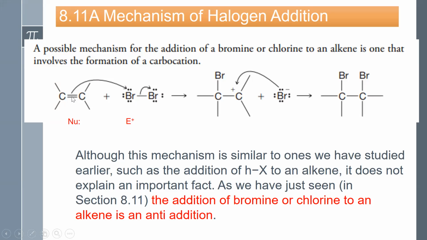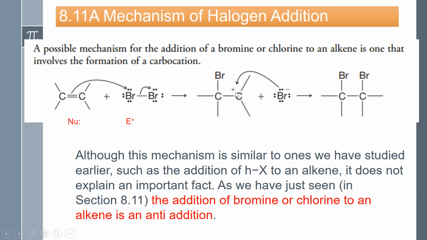So when that happens, when they are in close contact, the electrons in the pi bond will attack at that instant the atom that contains the partial positive charge. So that will be our electrophile. And when they form a bond, because we utilized the pi bond to form a bond with bromine, the other carbon atom will then bear the positive charge, as it is depleted of a bond here.